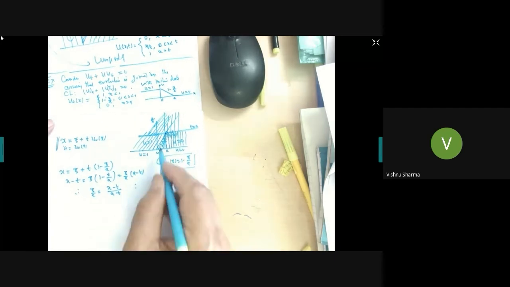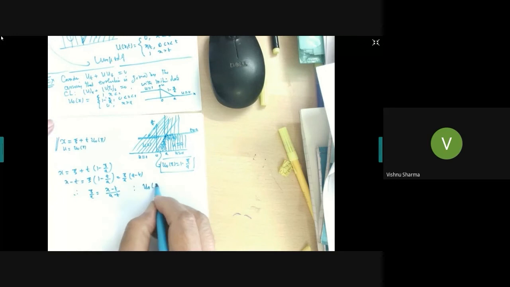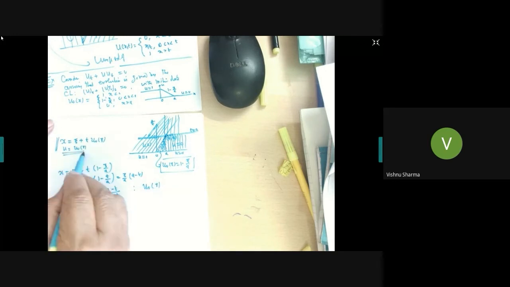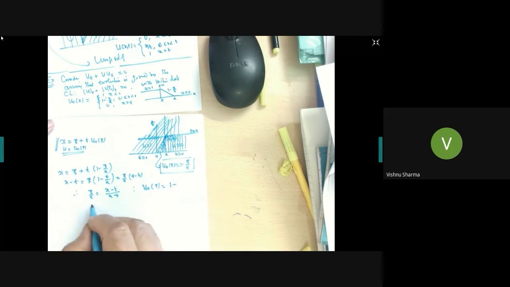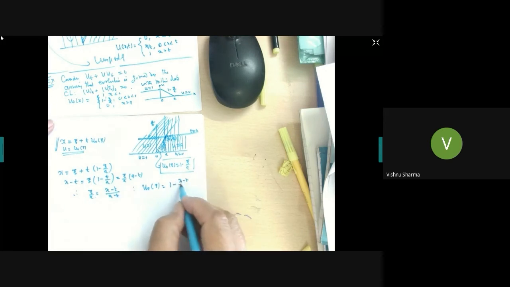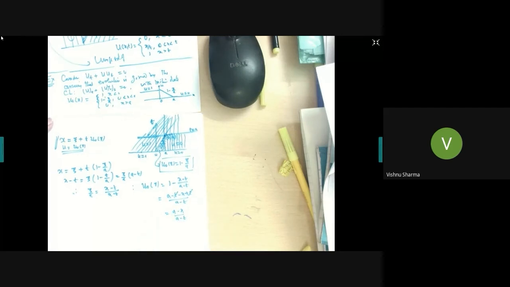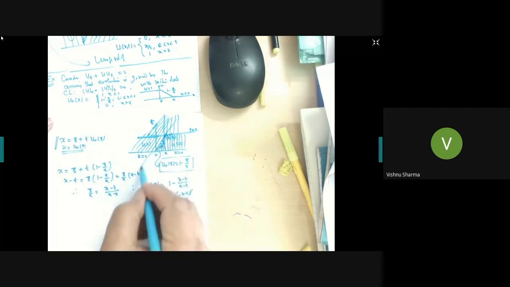The solution in this region will be u is equal to u naught of xi, and u naught of xi is 1 minus xi by a, that is x minus t upon a minus t. You get a minus t minus x plus t upon a minus t, and you get a minus x upon a minus t.